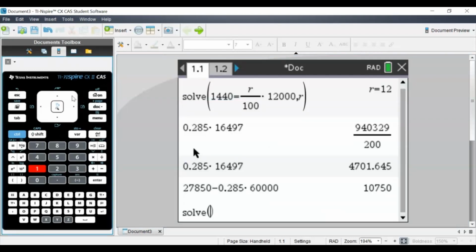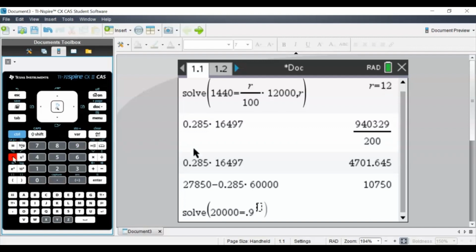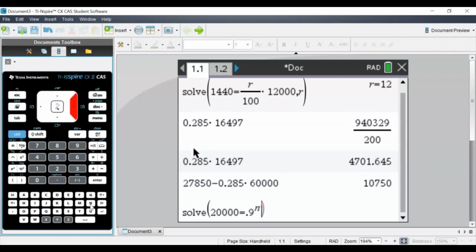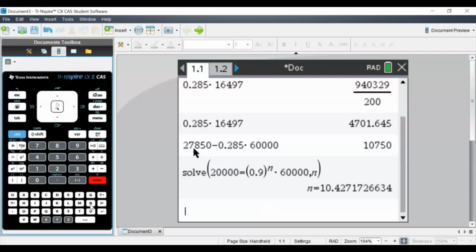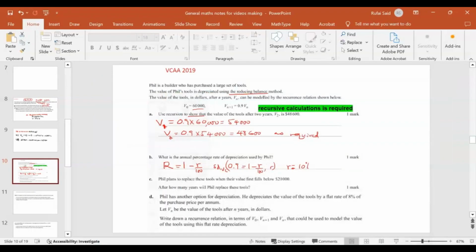Put the value as below 20,000, so you want it to be below 20,000, and we know that's going to be 0.9 to the power of n, times the initial cost, which was 60,000, comma n. That takes about 11 years. It's over 10 years, so it must be 11 years. It takes 11 years for the value to fall below 20,000.